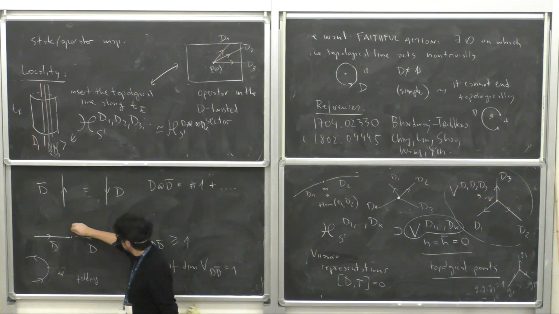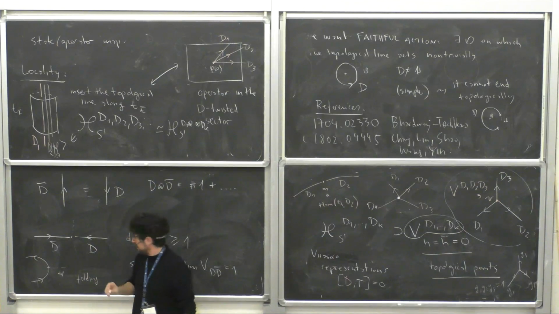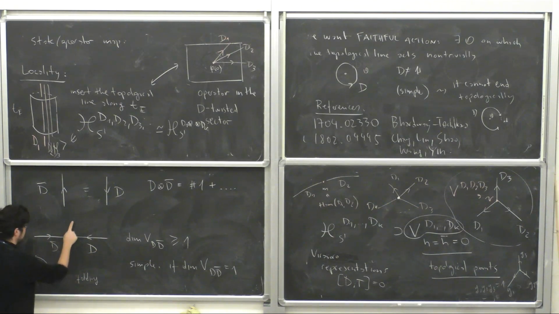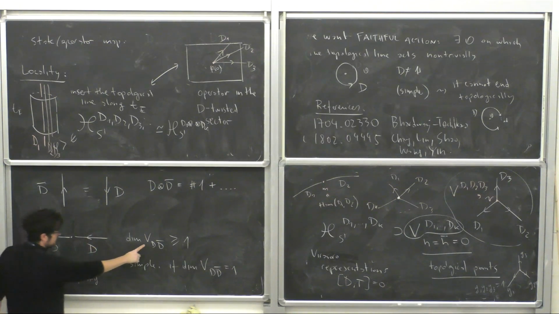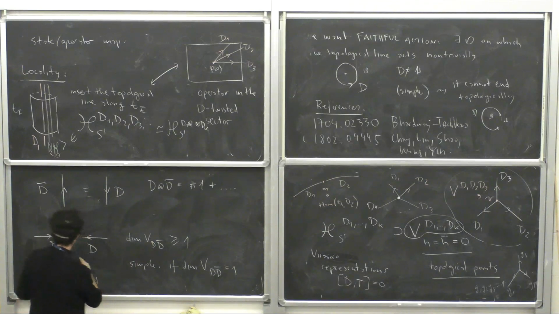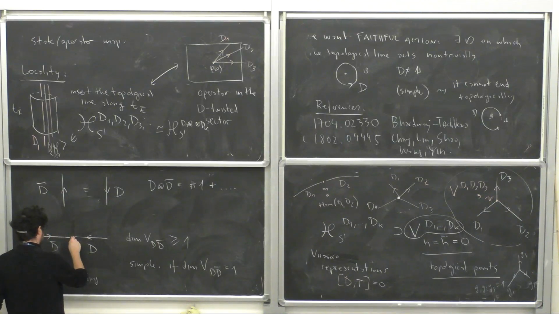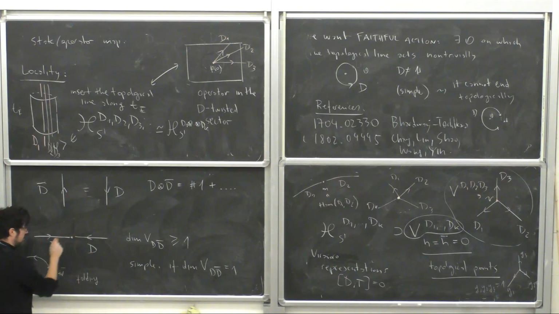Yeah, it's the identity. But in this case, this one is just a topological point in the Hilbert space of D and D bar. It's just a point where D and D bar meet.